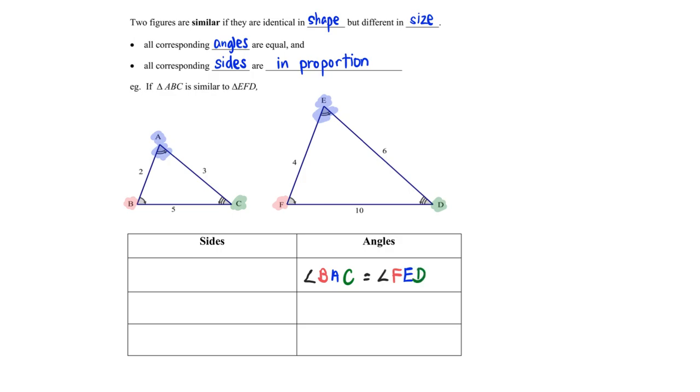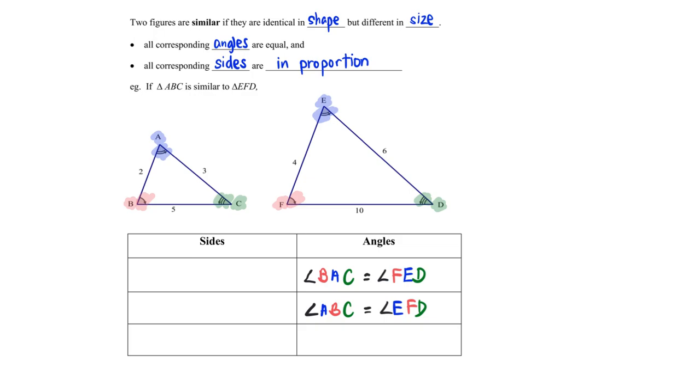Alright, so if I have angle ABC, then the corresponding angle, they are the same. I cannot write DFE, I have to write EFD. Same goes for the last angle, they are the same.